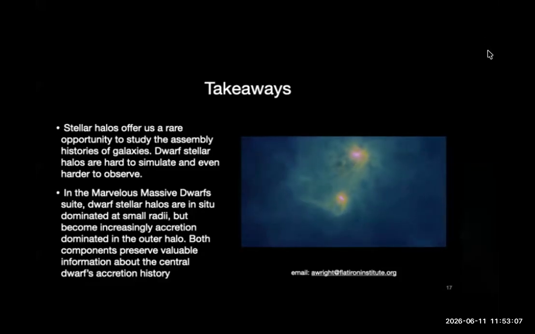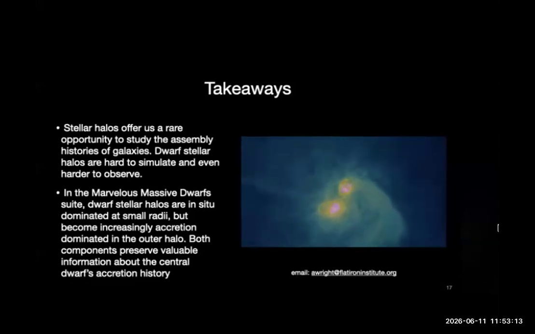Based on the simulations, it seems like the inner stellar halos of dwarf galaxies are pretty in situ dominated, and the outer halos are mostly accretion, but you can learn about the history of the galaxy from both of those components, assuming, of course, that the simulations are correct. So with that, I will take any questions.